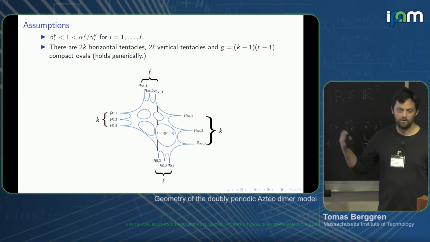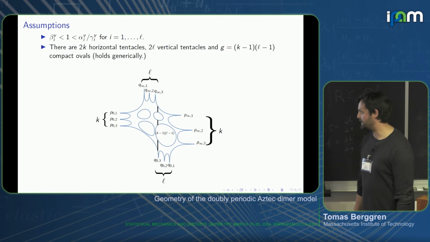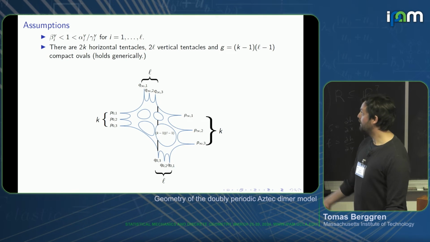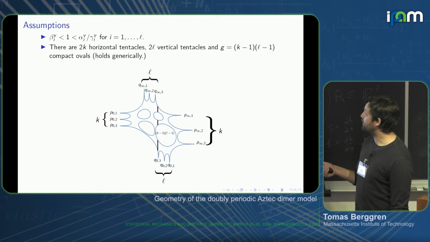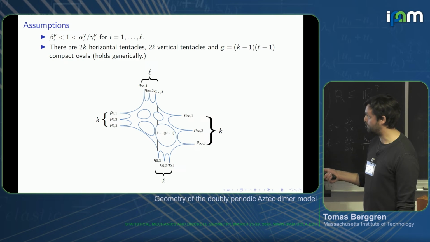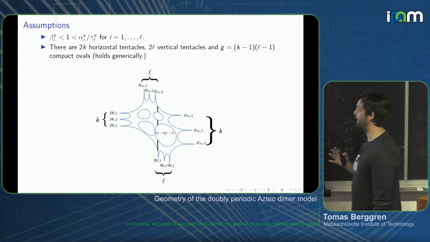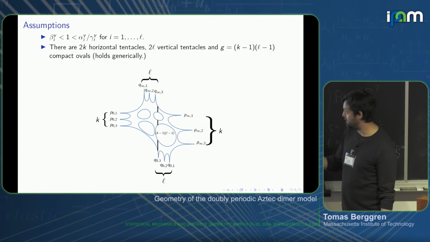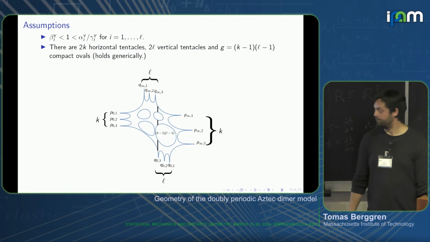It's a technical assumption which I think is not too difficult to remove, but we kept it like that. We also assume some genericity, that all the compact ovals are present and we have K tentacles here and L tentacles here and here. And this is true generically.